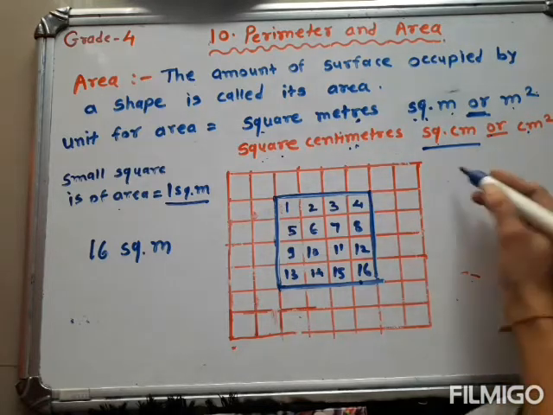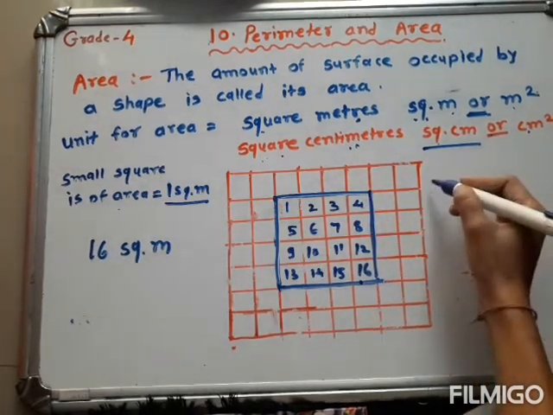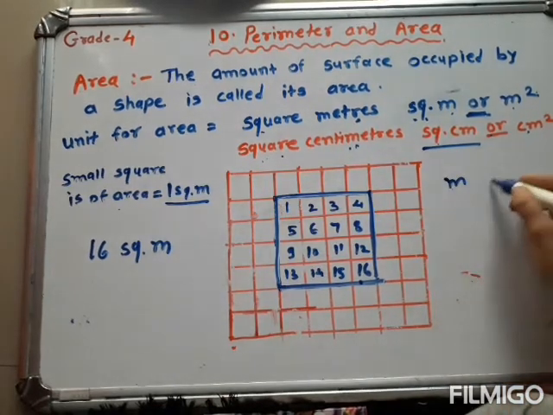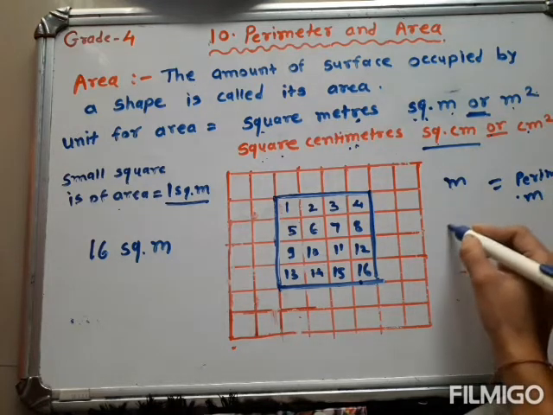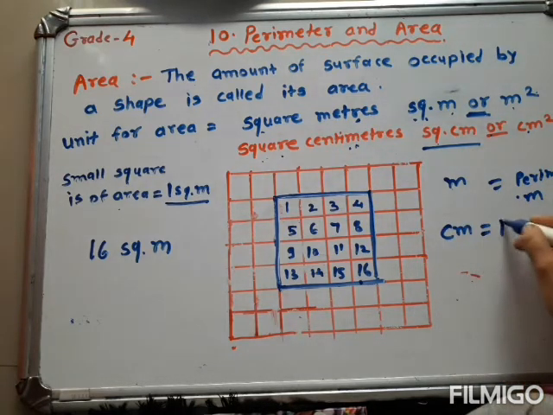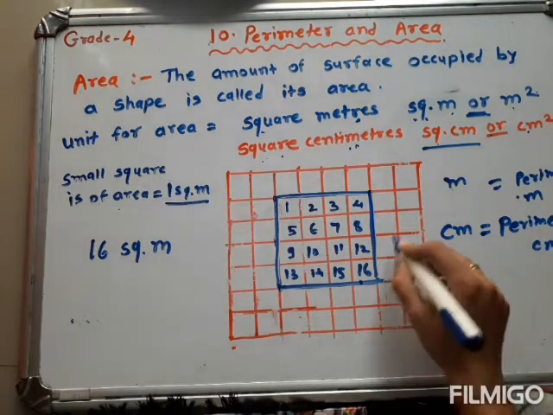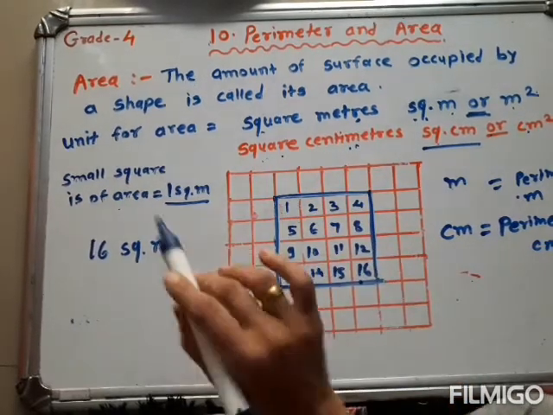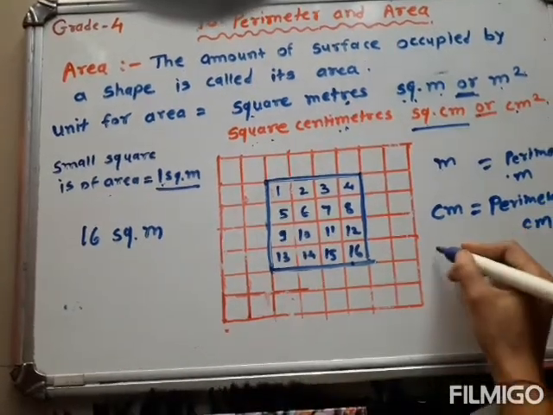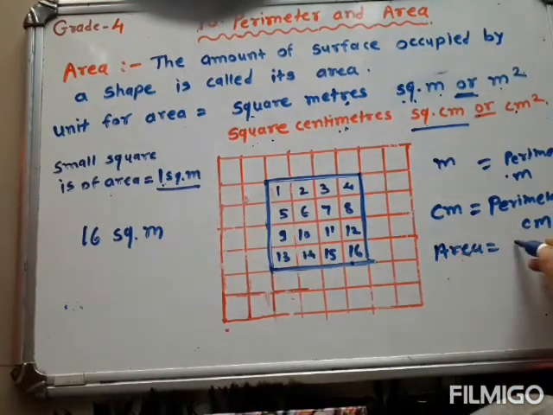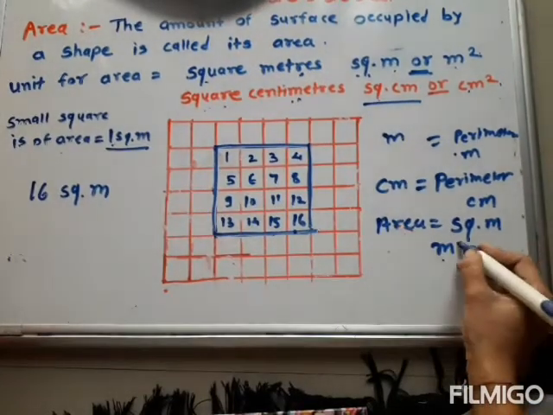And what is the unit of perimeter? If the sides are given in meters, then the perimeter is also in meters. If the sides are given in centimeters, then the perimeter is also in centimeters. But here, when the small area is given as 1 square meter, the area is in square meters, or another way to write it, meter square.